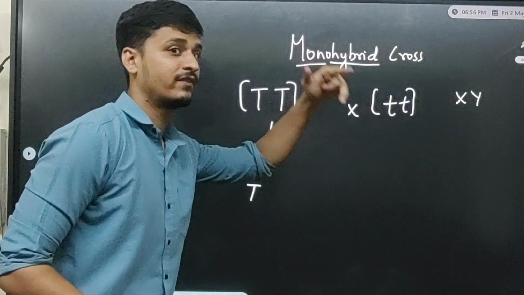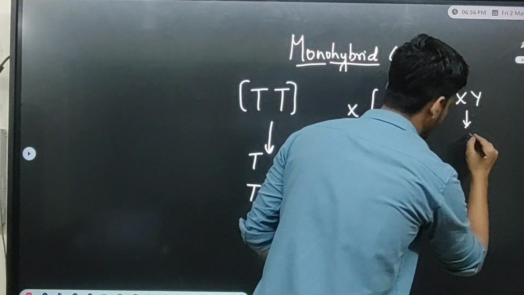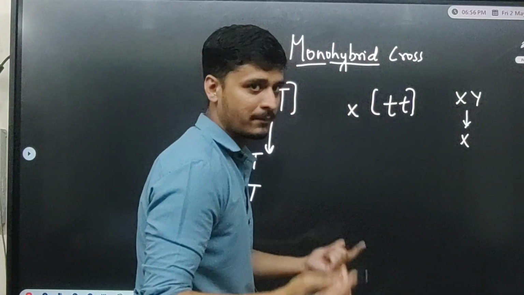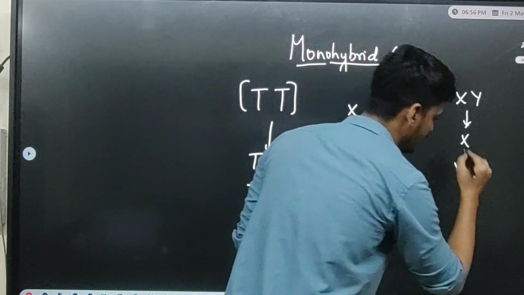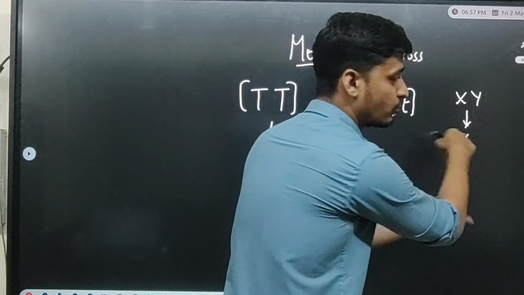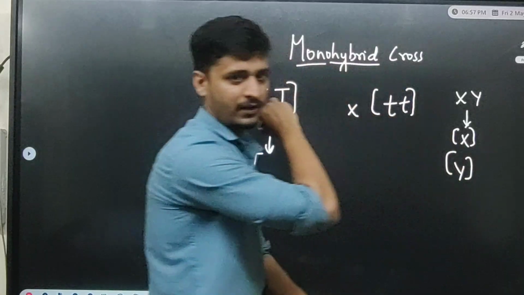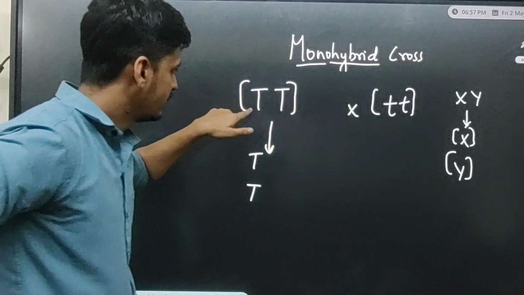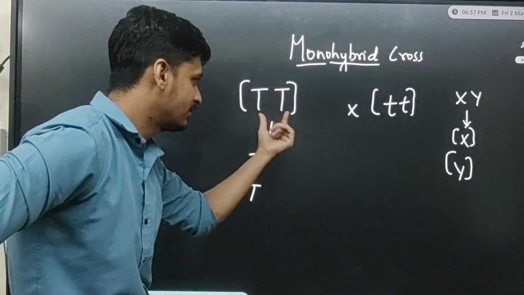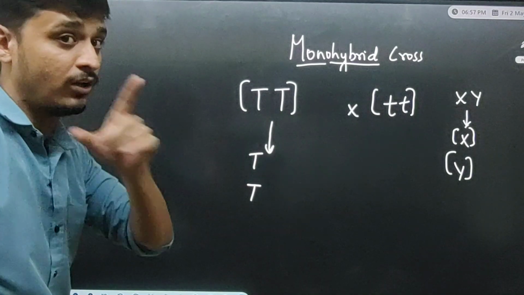When there is formation of gametes, in the spermatogenesis process, one X chromosome is present in one spermatid and the Y chromosome is present in another spermatid. Means there is segregation of chromosomes, X and Y chromosomes are segregated. In a similar way here, the alleles are segregated during gamete formation. So this is one law of Mendel.